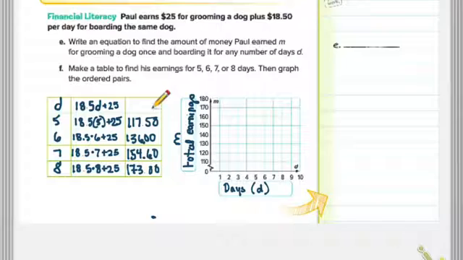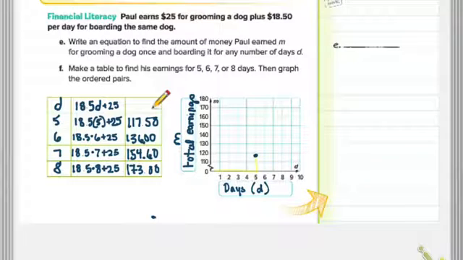So that first ordered pair is 5 and 117.50. So I'm going to go across to 5 and up to where 117.50 would be about, and put a dot.